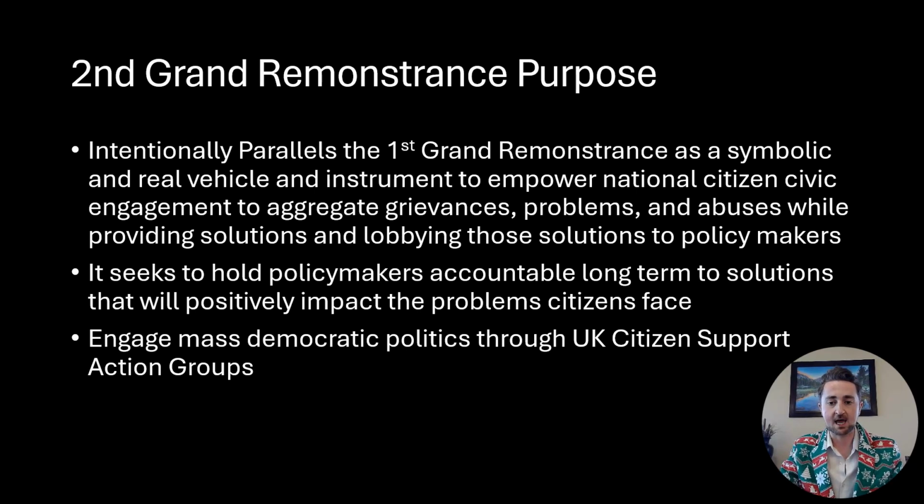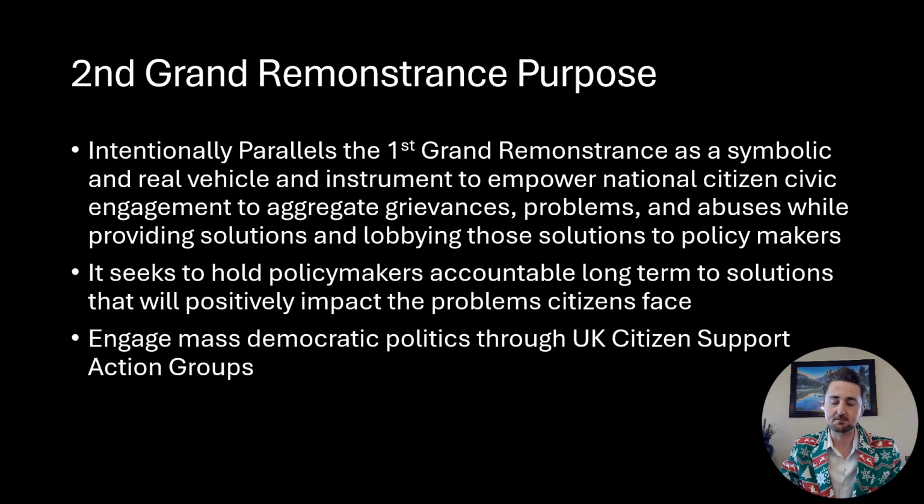Again, this is a collective action and organization of the citizens in a mass collective way. It also seeks to hold policymakers accountable long-term to solutions that will positively impact the problems citizens face.